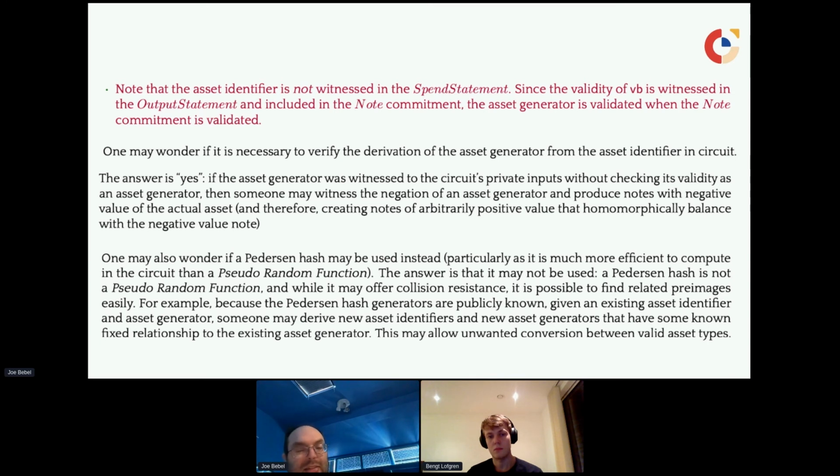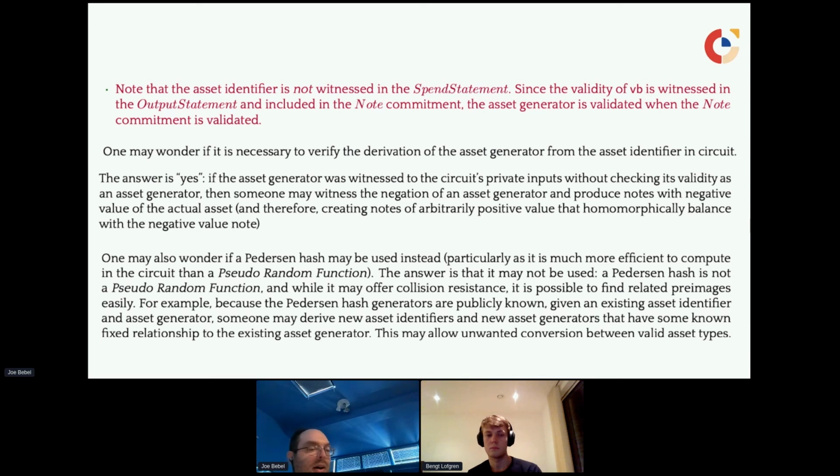Starting from an existing asset identifier and an existing asset generator, you can very easily derive a new asset identifier and a new asset generator that has some known relationship to the existing generator, and this is just generically a problem. It's not so easy to get around.